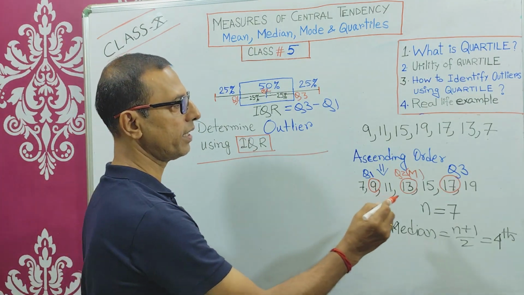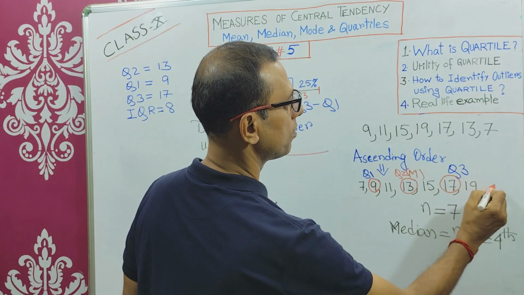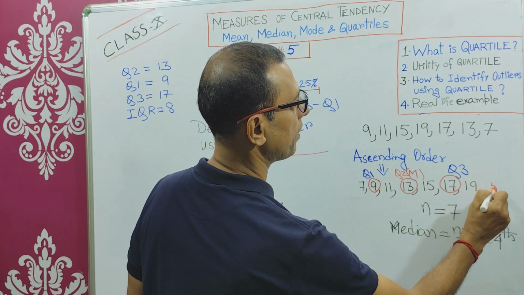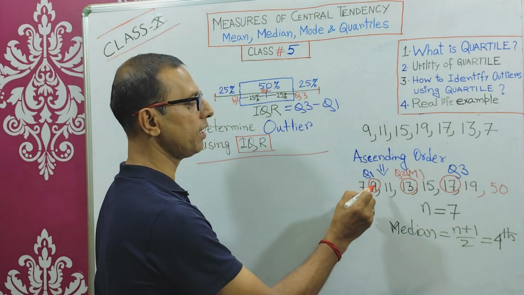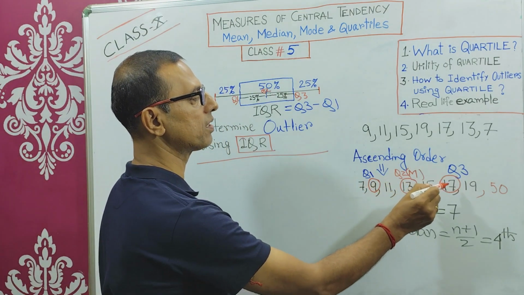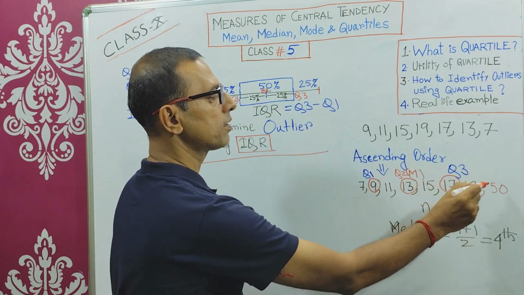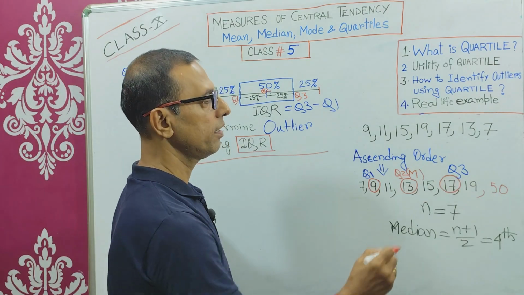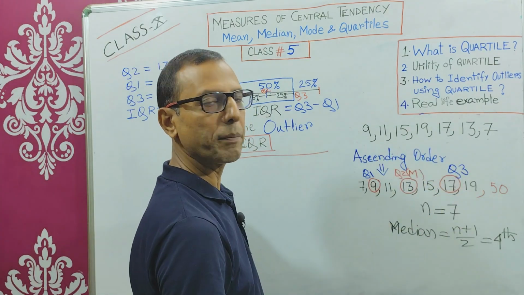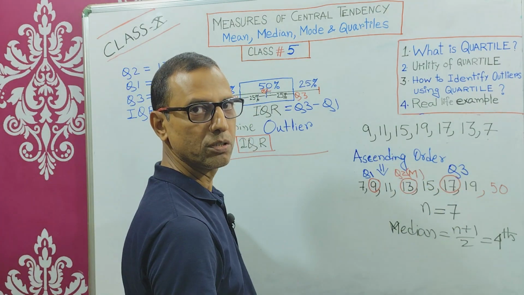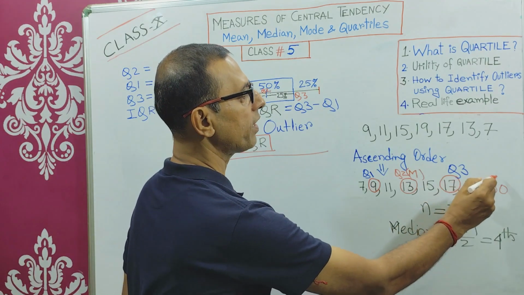So let's say there is one value, 50. If you see 7, 9, 11, 13, 15, 17, 19, suddenly 50 is an extremely high value. So whether it's an outlier or not.